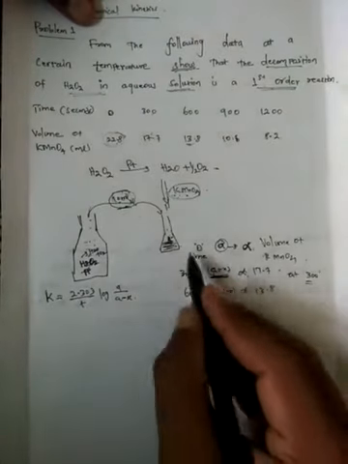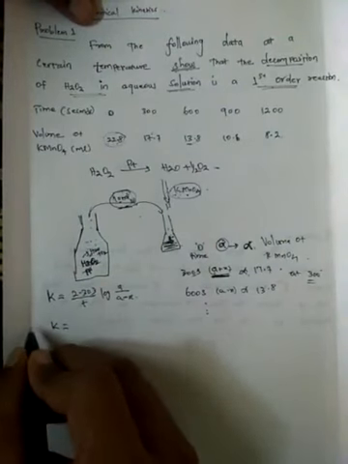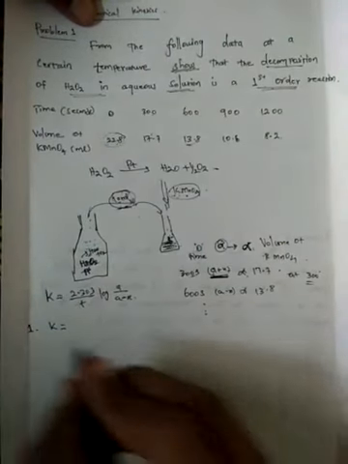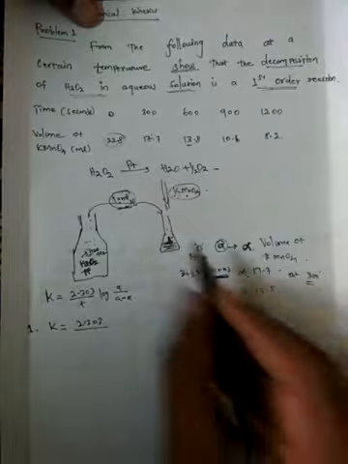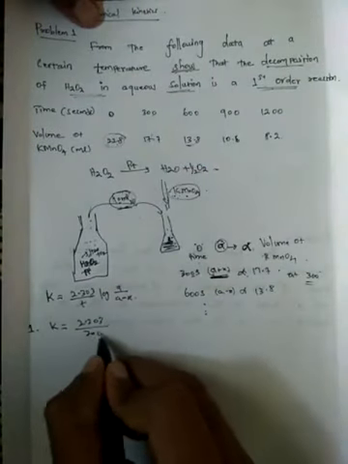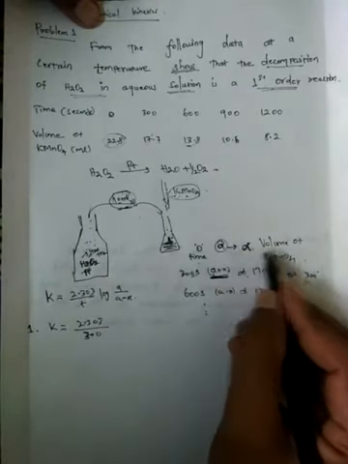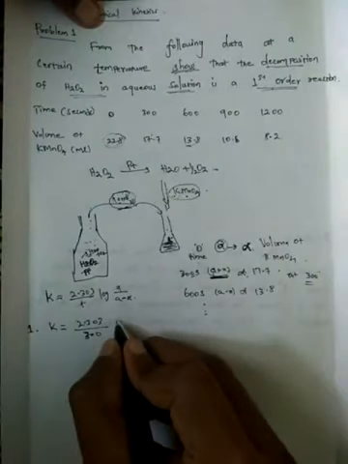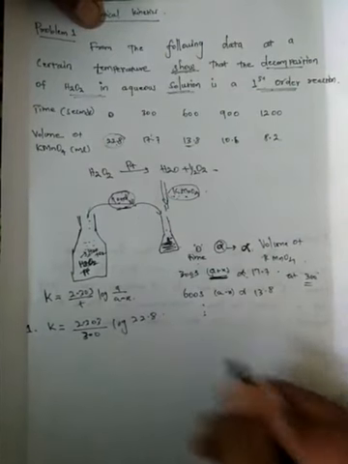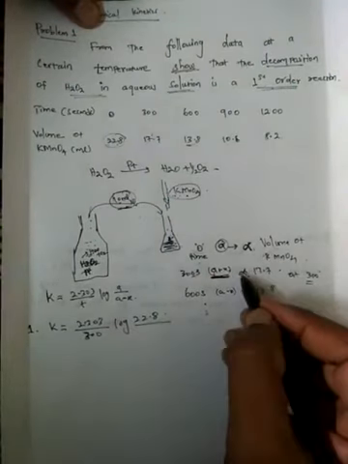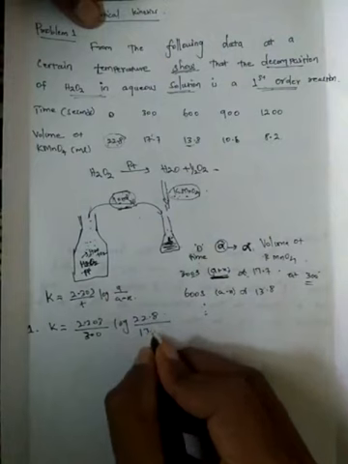Let me first use the first two data to find out the K value. K equal to 2.303 by time, the 300 second, log of the initial concentration, which is directly proportional to the volume of KMnO4 at 0 second, so 22.8, divided by A minus X at 300 second, which is 17.7.